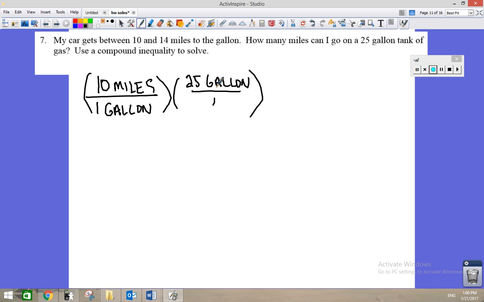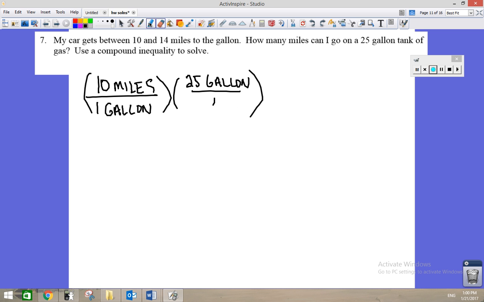On the second gallon, you can go another 10 miles, and on the third gallon, all the way to the 25th gallon. Multiplication is just repeated addition, so rather than adding 10 together for 25 terms, we can just multiply by 25.